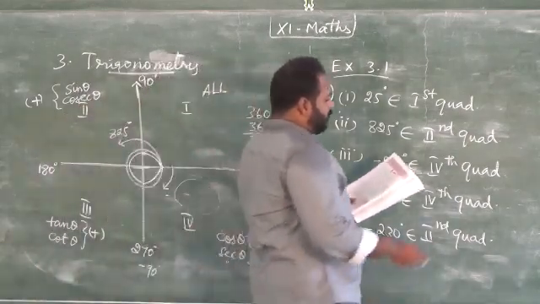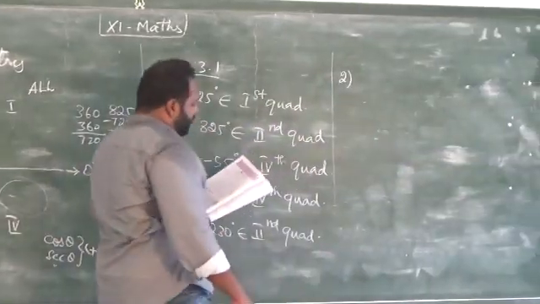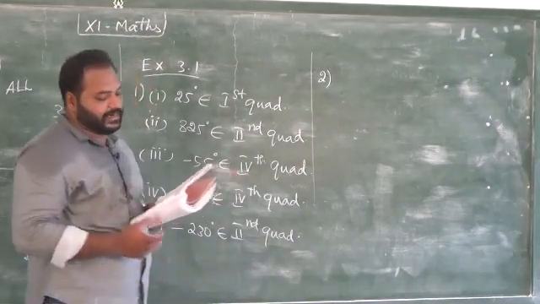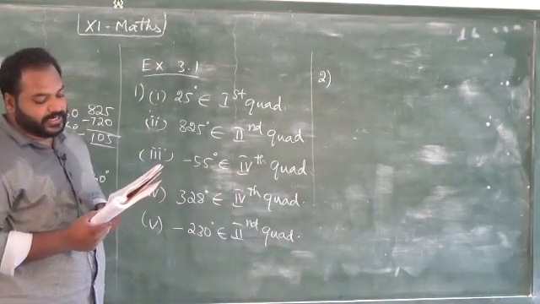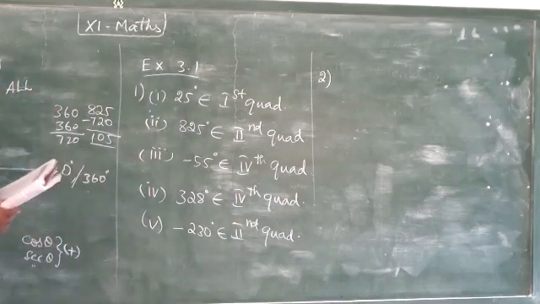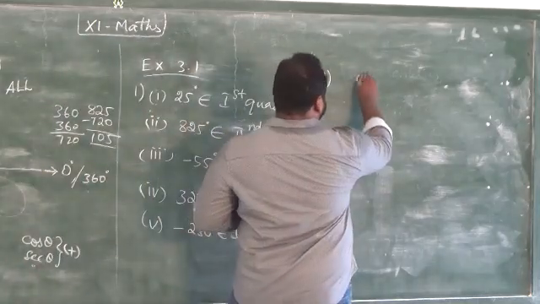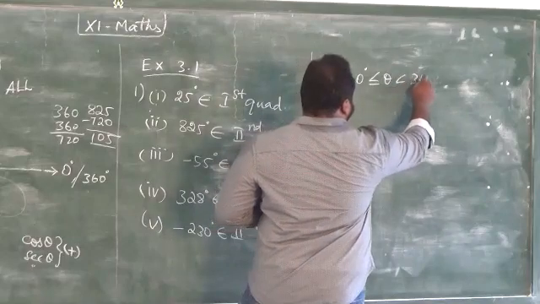Question number 1 is over. Next, question number 2. For each given angle, find the coterminal angle with measure of theta such that 0 degree to 360 degree. So here they are asking us to find the coterminal angle, and the limit is given, 0 degree to 360 degree.